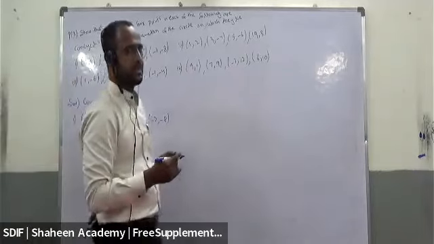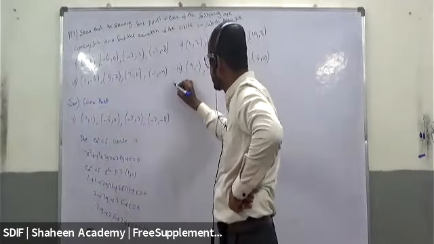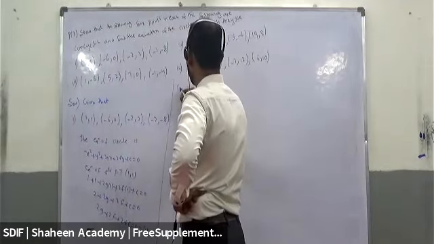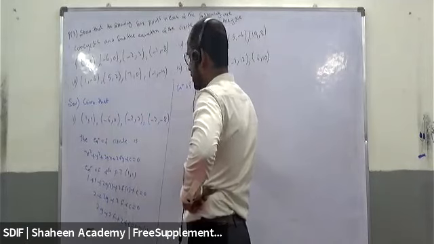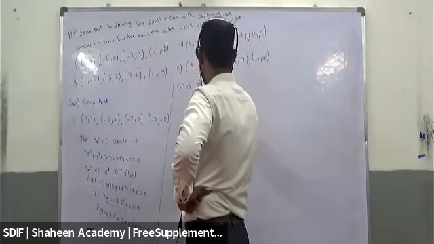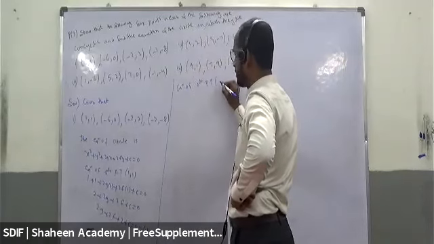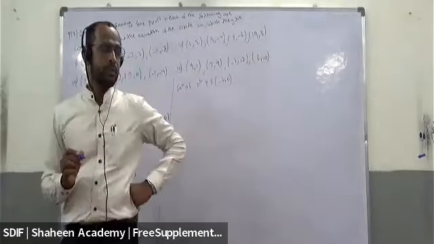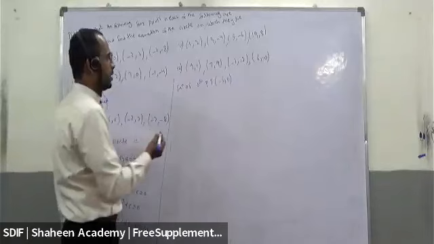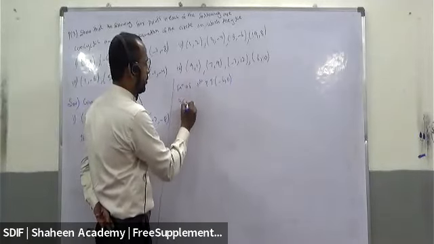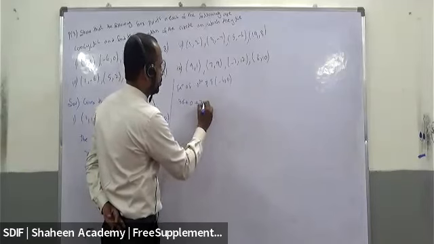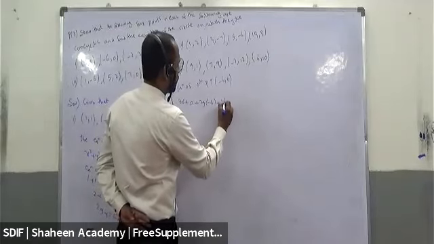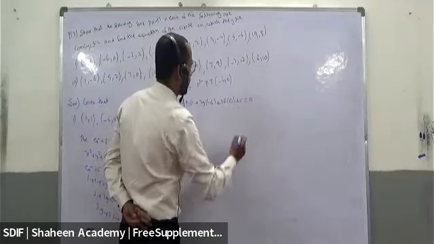Now coming to the next point. The equation of the circle passing through another point, minus 6, 0. So x square is 36, y square is 0 square which is 0, plus 2g on the place of x which is minus 6, plus 2f on the place of y which is 0, plus c is equal to 0.